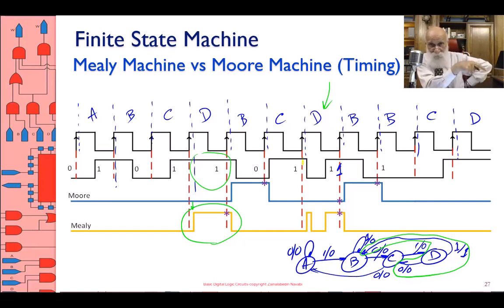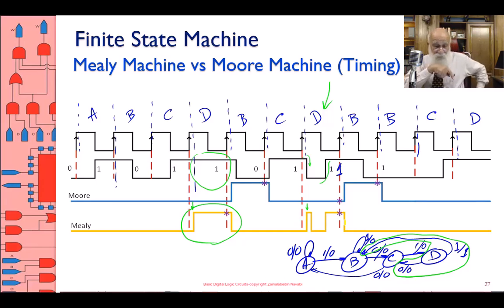That 1 transfers over to the output, and therefore your output becomes a 1. But then a little shorter after that, the input becomes 0. The output gets a glitch and then comes back to 0. And then later on, your output becomes 1. But then your output stays 1 because the input hasn't changed, clear through the next edge of the clock. And then that's it.